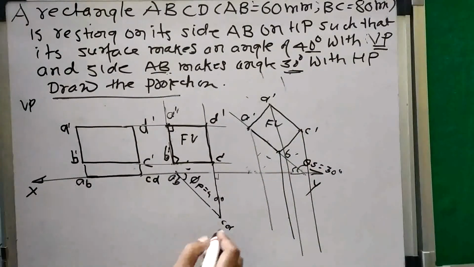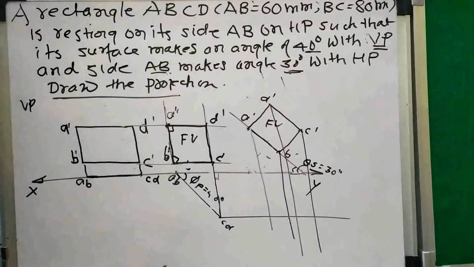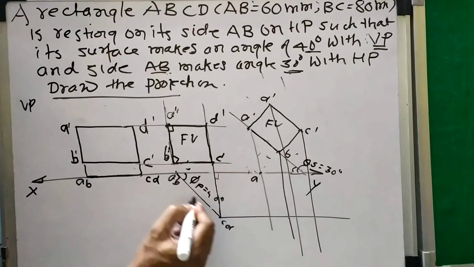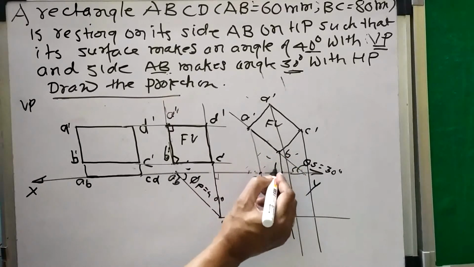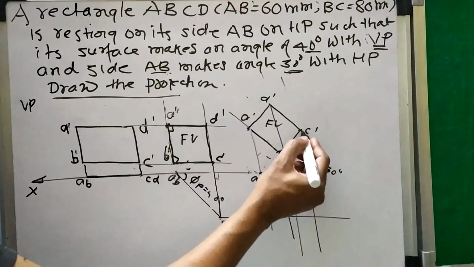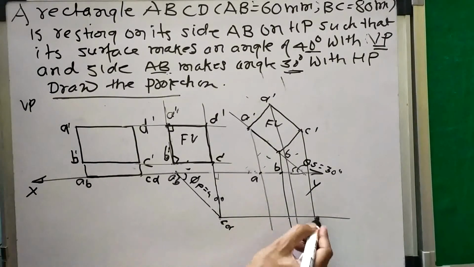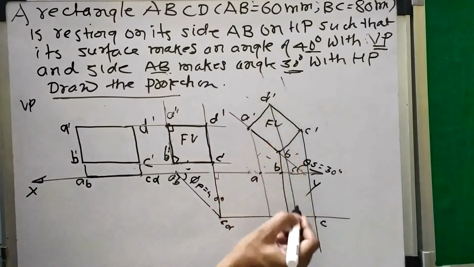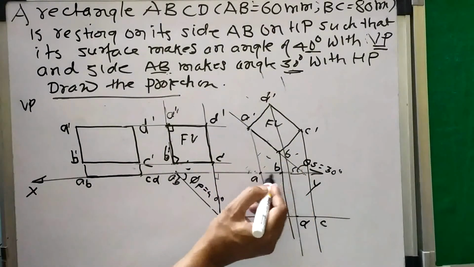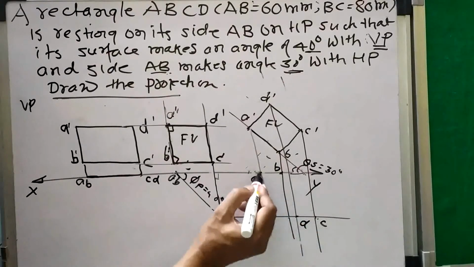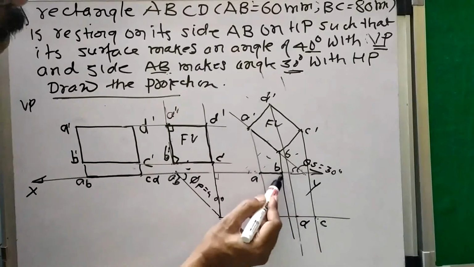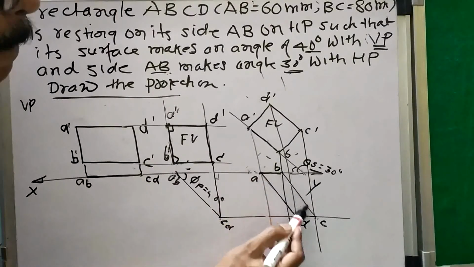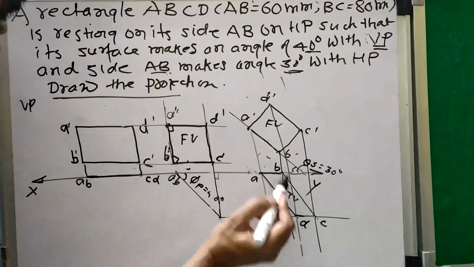to this xy, and then I will project this, and now I will join this A with this A, so I will get A, then this B with this B, I will get B, this C with this C, and D with this D, so D. So I will get A, B, C, D. So I will join this A, B, C, D and A. So this is my top view and this is my front view.